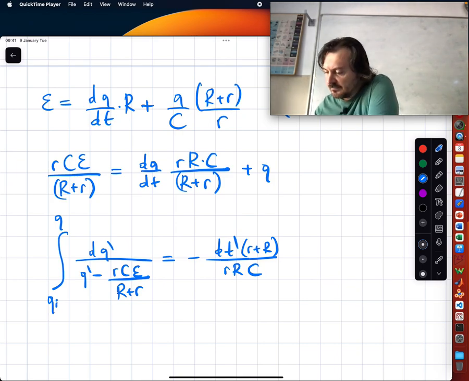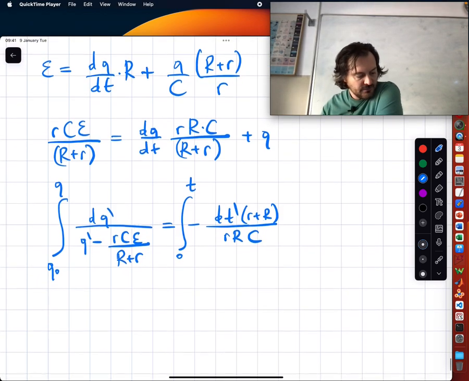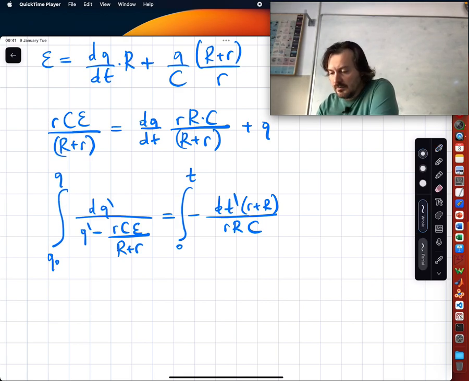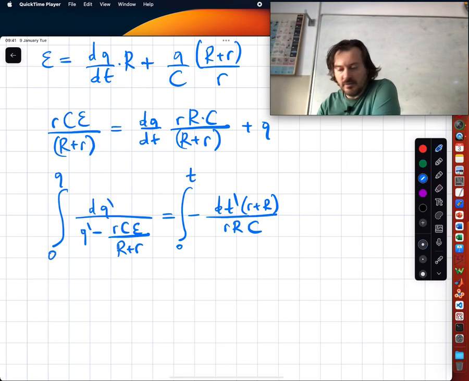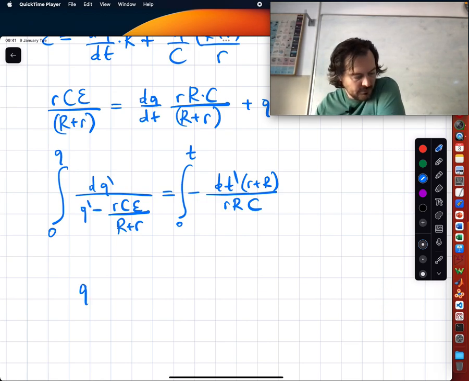From 0 to t, let me just write it as q0. Just for the symbol, we write Q. Let's write 0 because I have answered your question, right? Now it's 0, and this is what you get.